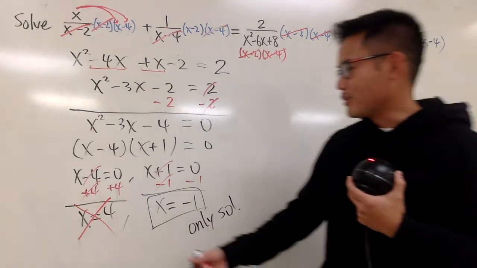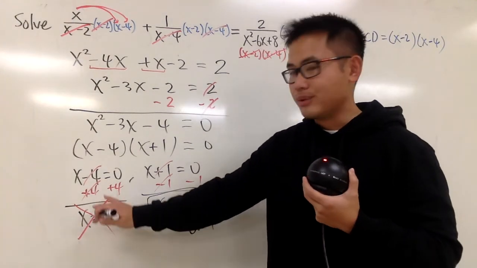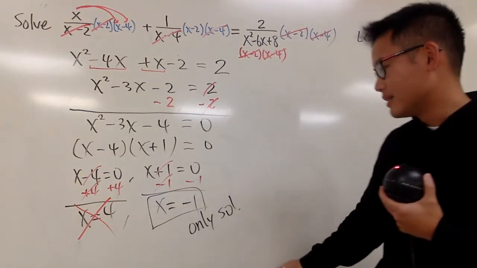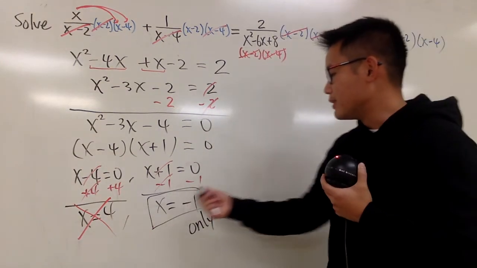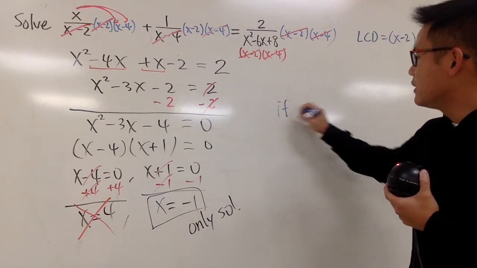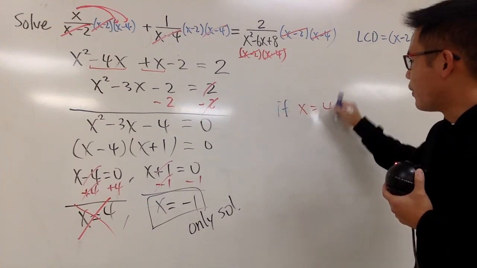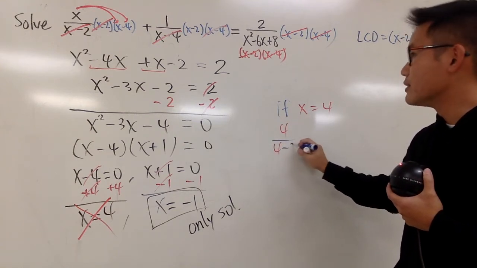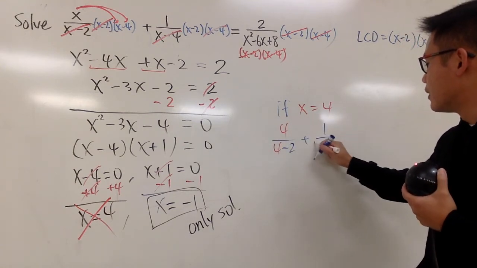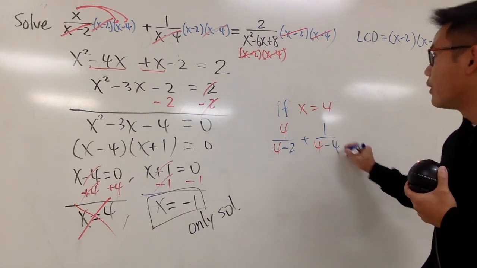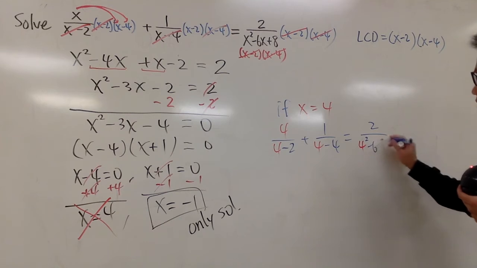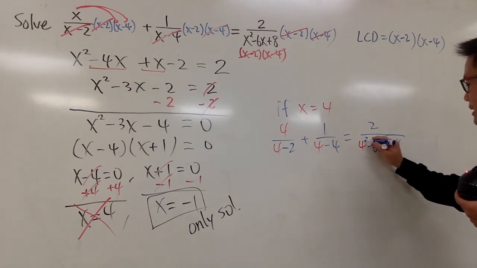And depending on your teacher, sometimes you may have to show the work for why this is not the correct answer. So I'll just put this down right here for you guys. If x equals 4, you see we will have 4 over 4 minus 2 plus 1 over 4 minus 4, and this is 2 over 4 squared minus 6 times 4, and then plus 8 after that.